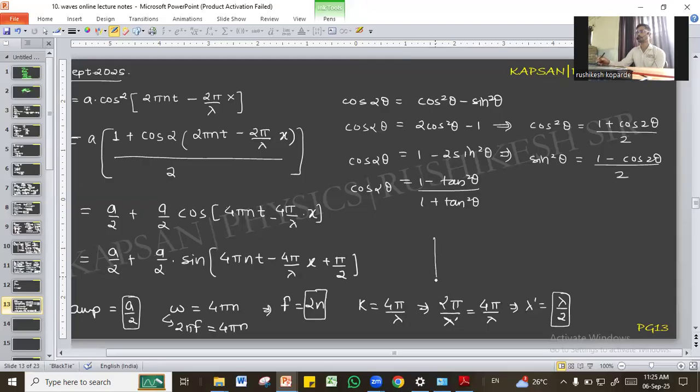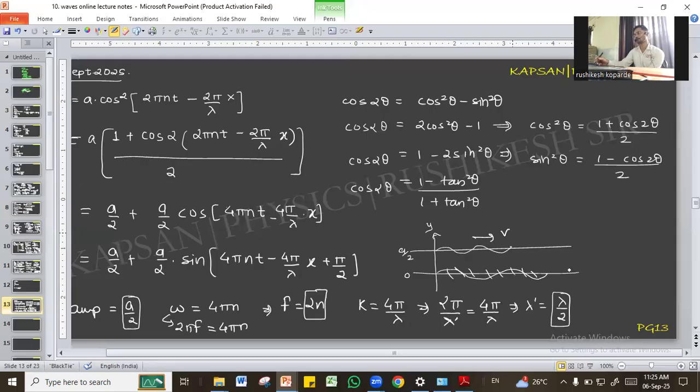So our wave at given point of time will not look like this. It is not oscillating about origin. It is oscillating about a by 2. This position, y position, mean position of y is a by 2, not 0. So this wave is not represented by given equation.